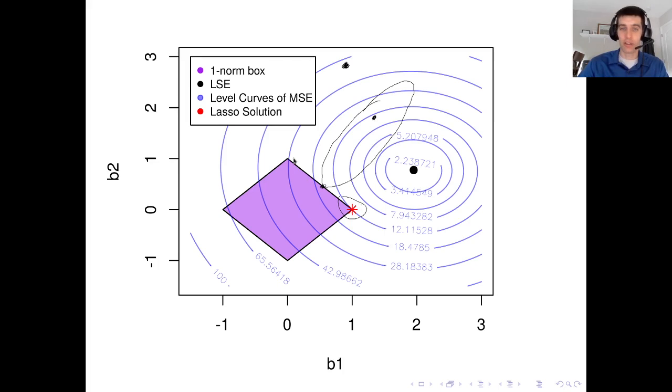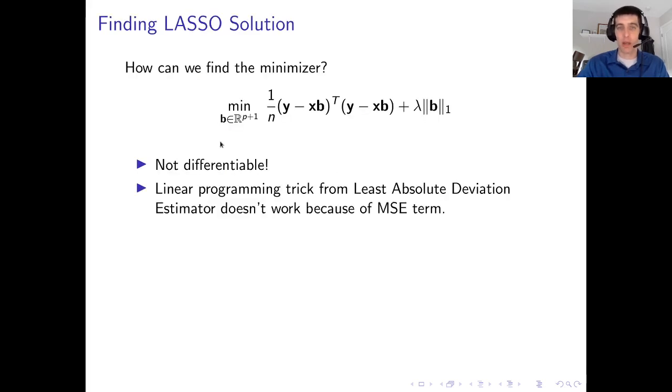Okay, so this is the geometry of the situation. The level curves tend to intersect the corners of the box, and when you intersect the corners of the box, you end up with sparsity, and this is why the lasso estimator is sparse. So that is why the lasso is sparse.